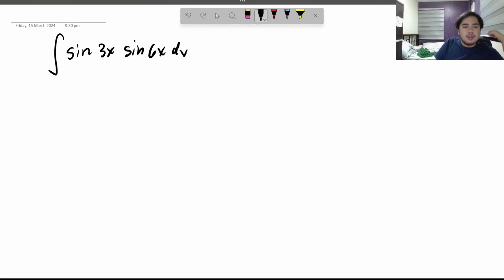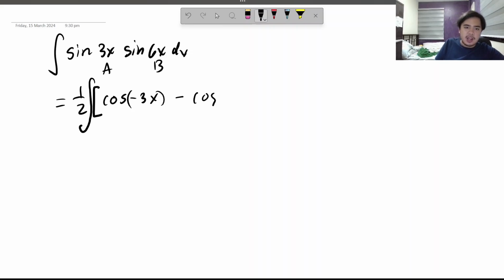So this becomes 1/2 cosine a minus b. So this is a, this is b. So we get, let's integrate this. Put the integral sign here. And then cosine a minus b is cosine of negative 3x. A minus b is negative 3x. There we go. Minus cosine of a plus b, which is going to be 9x.